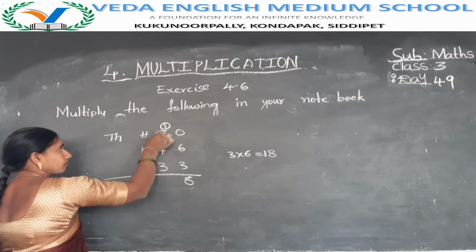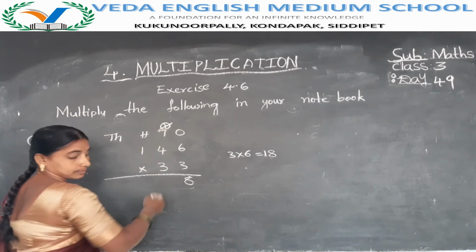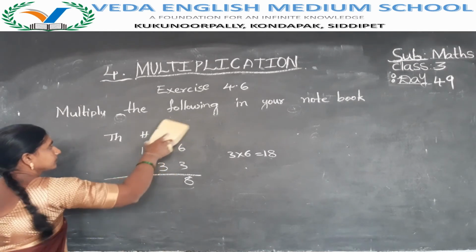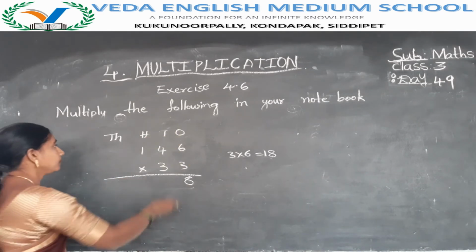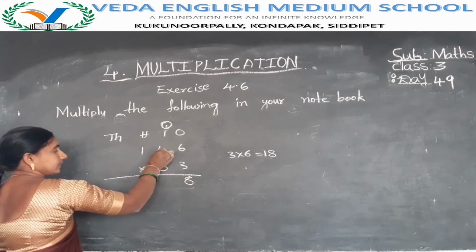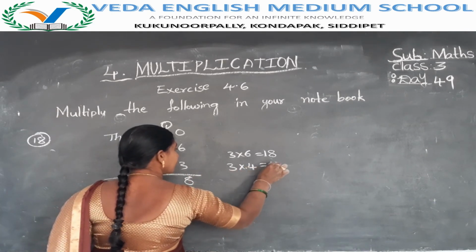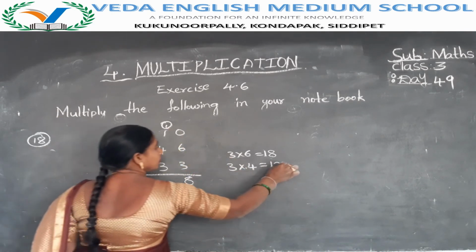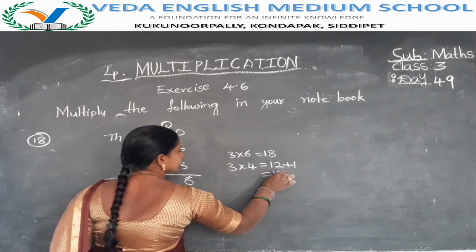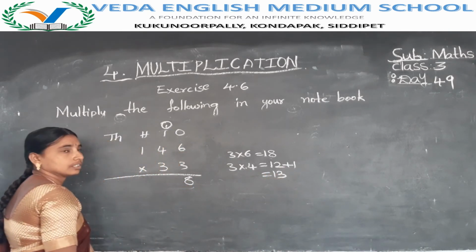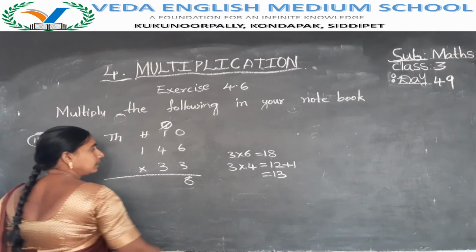Next again. Sorry, not 3. Next to 3 into 4. Next in the tens place 3 into 4. 3 4s are 12 but carry 1. 12 plus 1 is the 13. So this carries over 13.